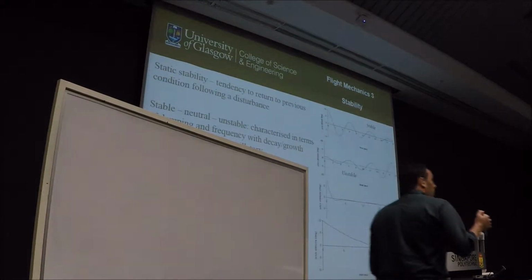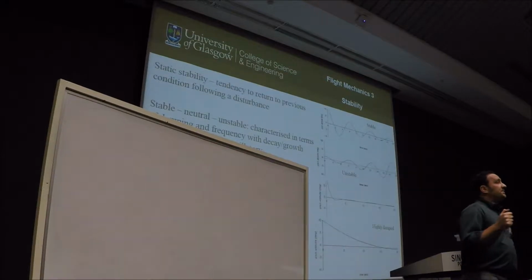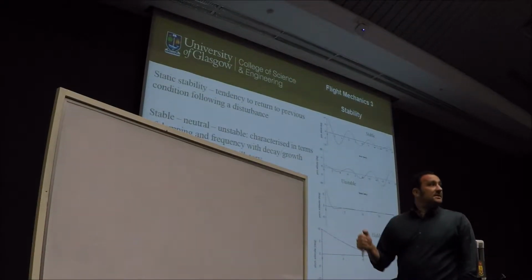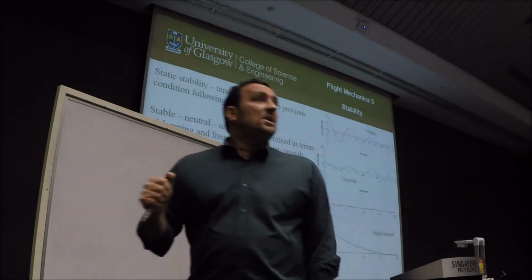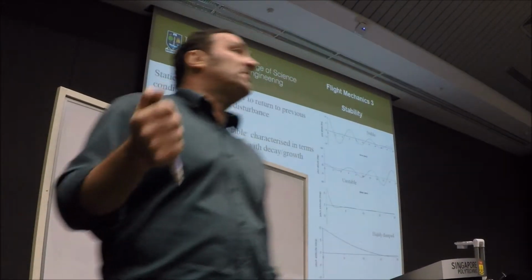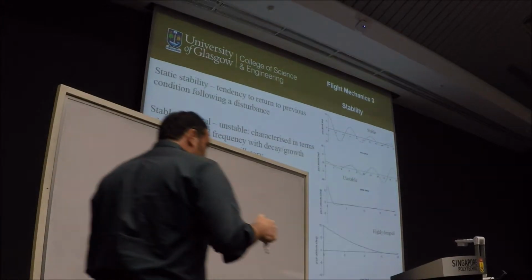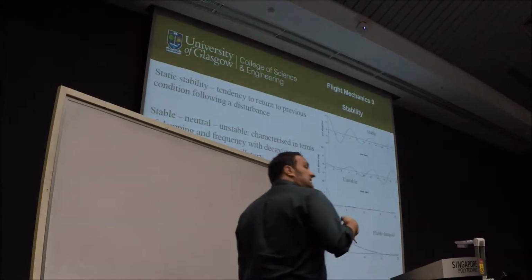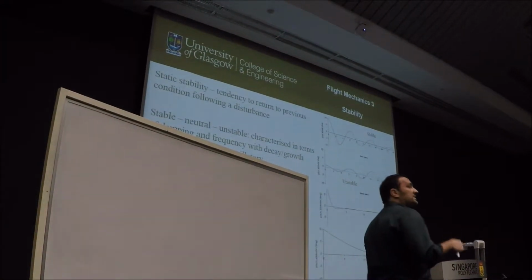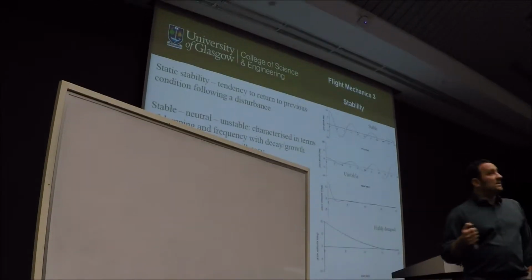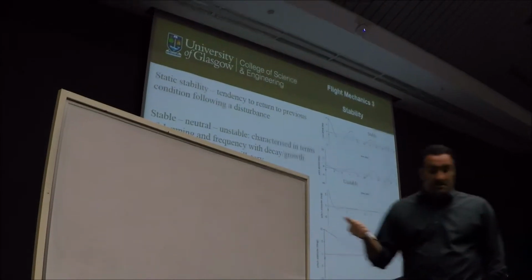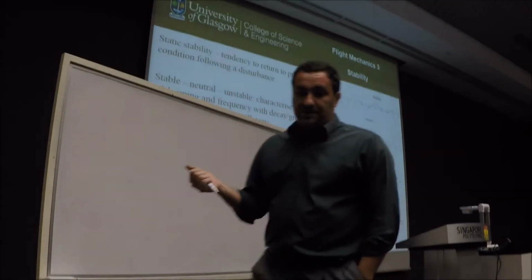In the case of a stable configuration, it means that if the aircraft experiences a disturbance, so a change in its dynamic characteristics, the aircraft will tend to return to its original state. Okay, so this is a stable configuration.